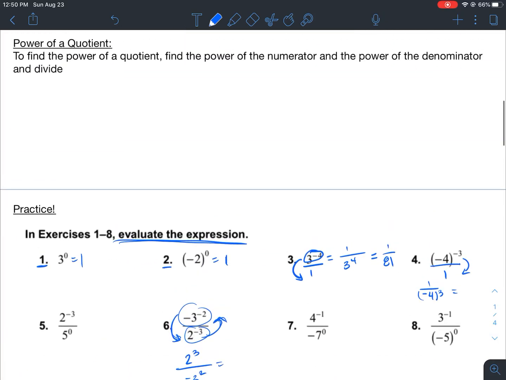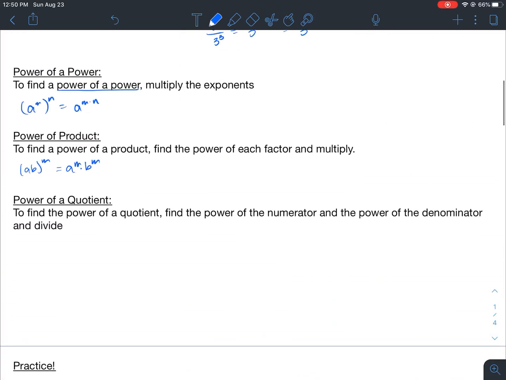Alright, so that's the power of a product, and now we have the power of a quotient. Again, it's like multiplication, but now we have division between the two. It's the same thing: if we have a divided by b, raised to the power of m, that's going to be a to the m over b to the m.